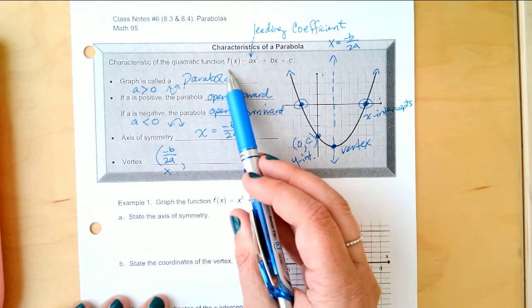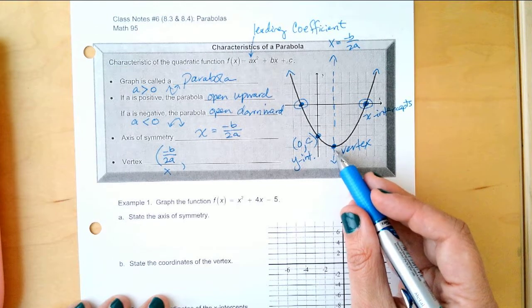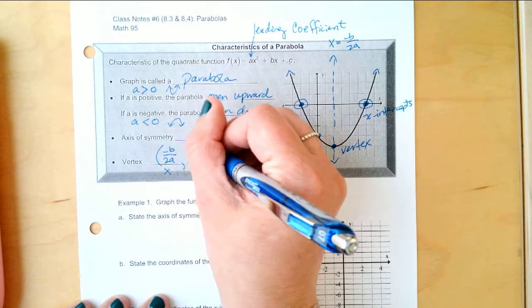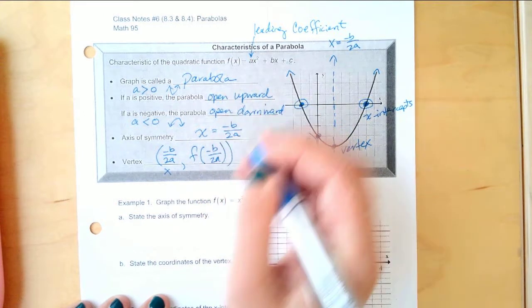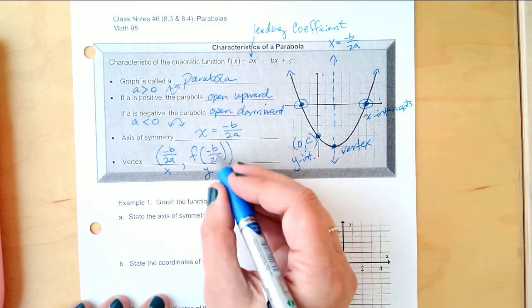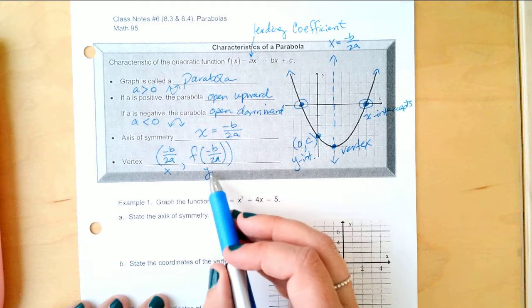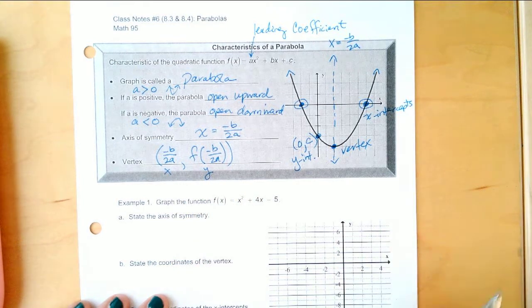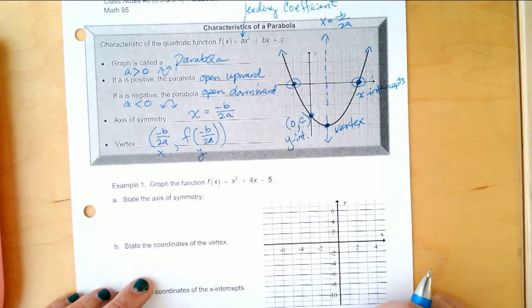What do you do with an equation to find the y-coordinate? You would take the x and plug it in, and that's going to give you your y-coordinate. So essentially we call that f of negative b over 2a. All that means is you took the x-coordinate and plugged it into the function for x. You did all the math, and you got the y-coordinate. So that's our ordered pair. Any questions about that so far?